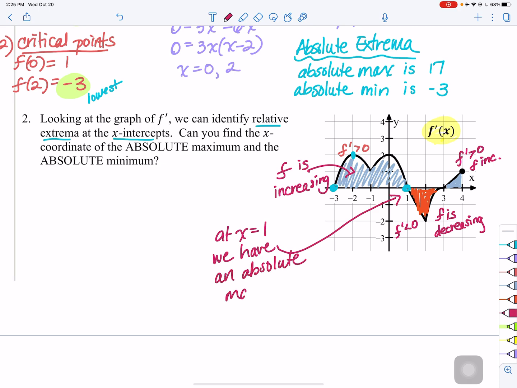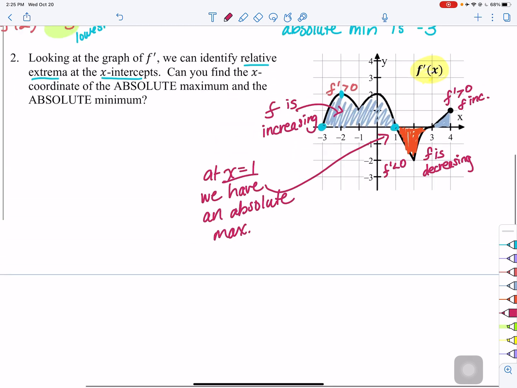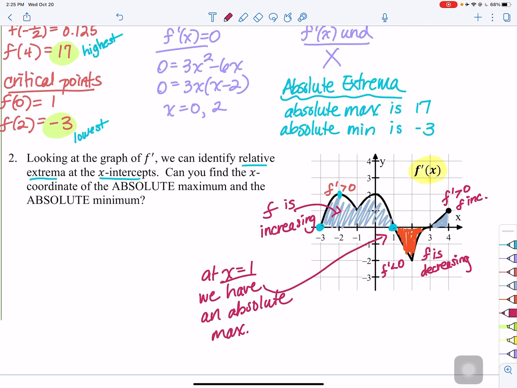And the reason is that we were increasing from x equal to -3 all the way to 1, and then we decreased, and you can see the area here, the amount in orange, and then we started increasing again. So here is the highest at x equal to 1. That was the highest that the y value ever reached. Okay. And that concludes this topic.